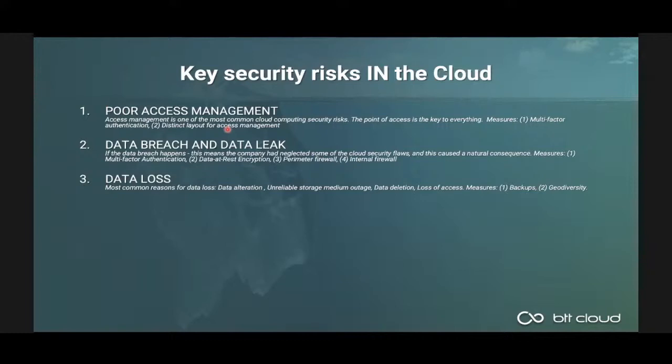Geodiversity means that we keep the data not only in one place, so that even if the hackers come, take over our data, steal our data, and make it inaccessible for us, if we keep this data also in another region, another cloud, another environment, we will be able to recover ourselves. We will get access to this data.